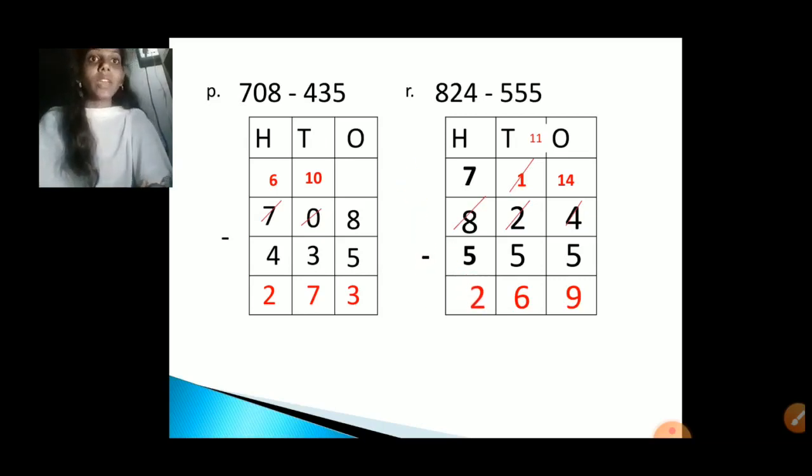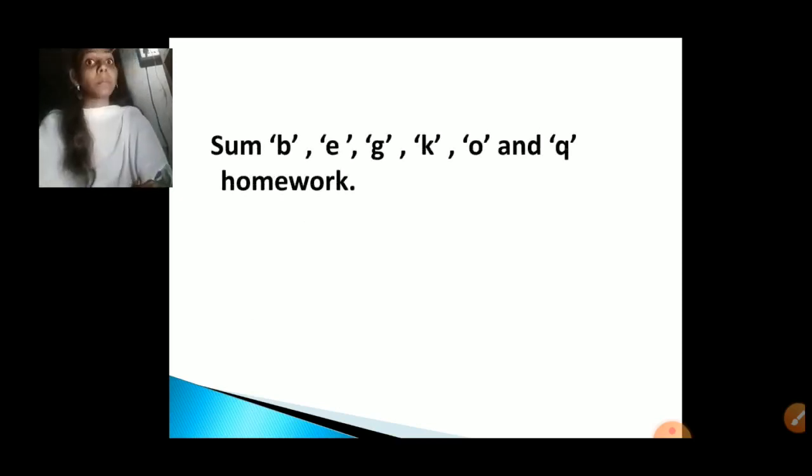So 824 minus 555 equals to 269. Very good. So now sum B, sum E, sum G, sum K, sum O and Q is your homework.